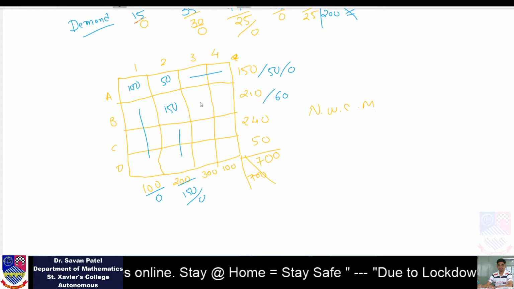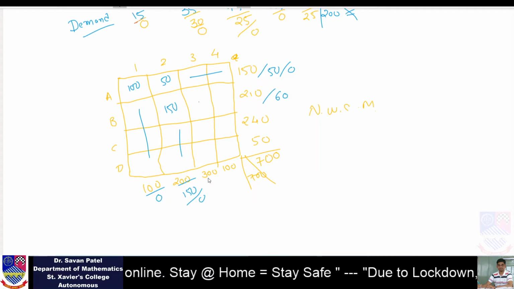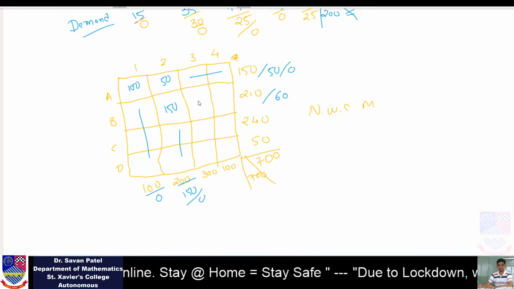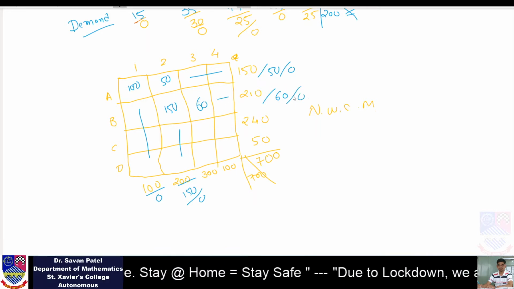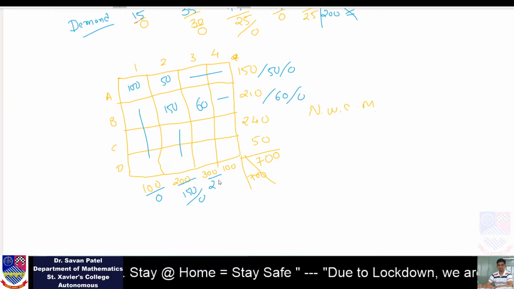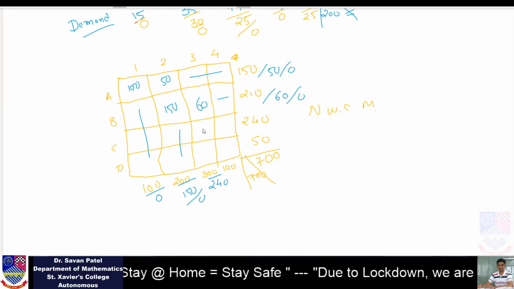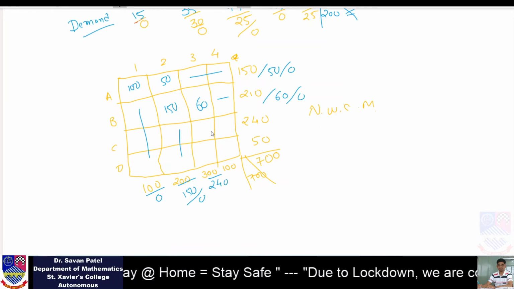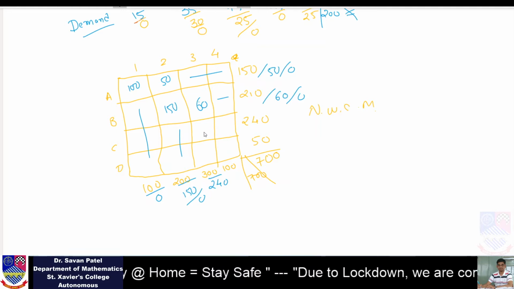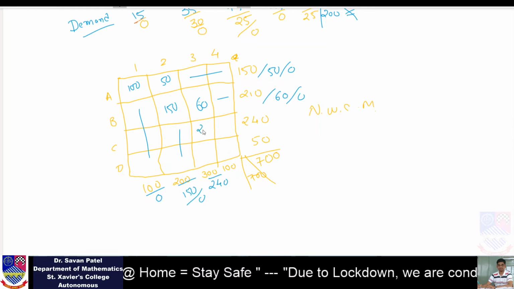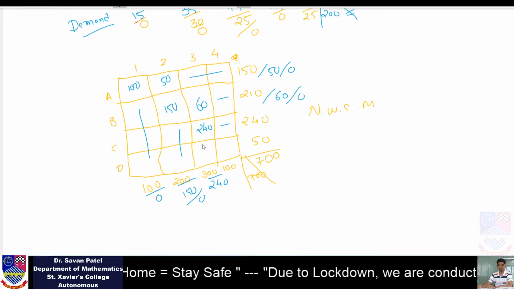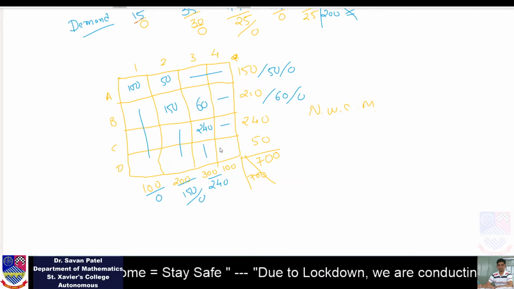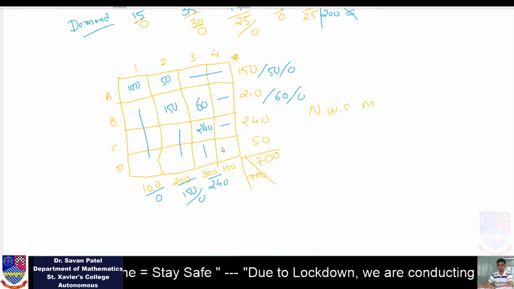Now here the minimum is 60, so this is cancelled. Here we will have 0, and here we will have 240. So here we are having 240. These two are cancelled, and here we are having 50.